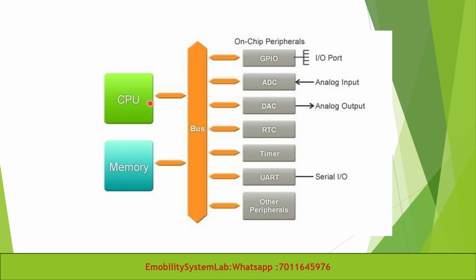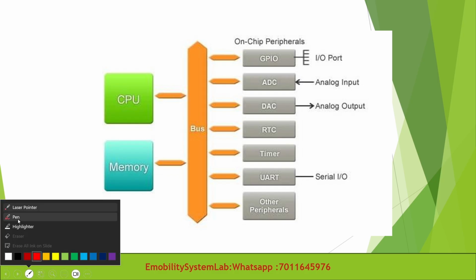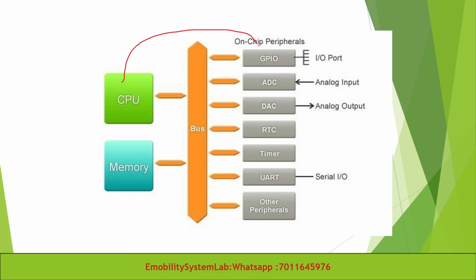Basically, the CPU wants to communicate with the peripherals. How will the CPU communicate with all these peripherals? With the help of a bus. In the same way, memory will communicate with the CPU with the help of a bus.